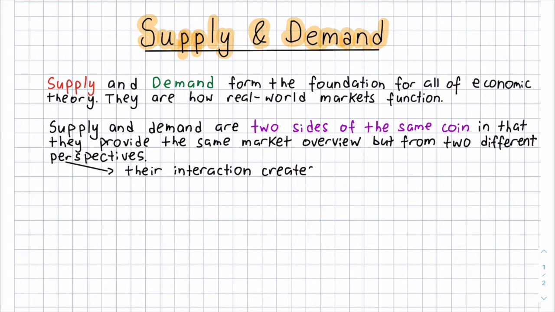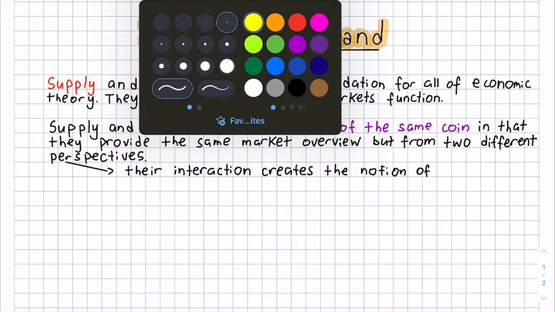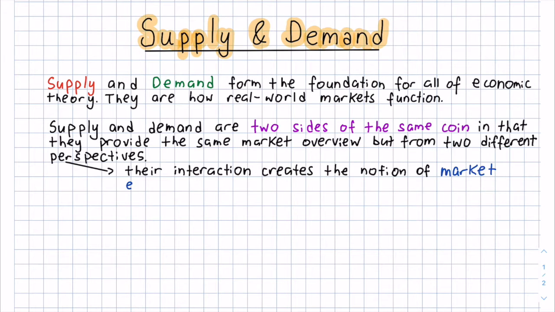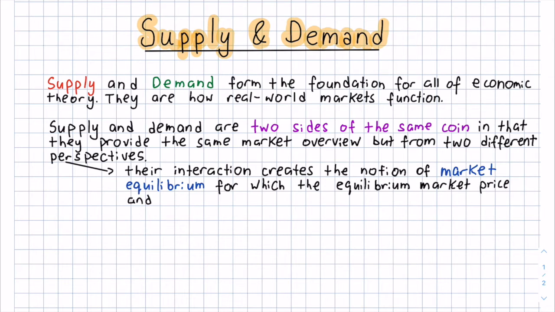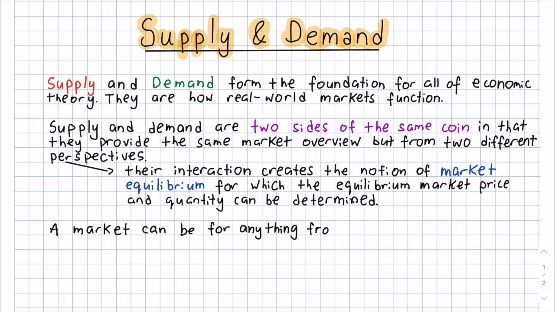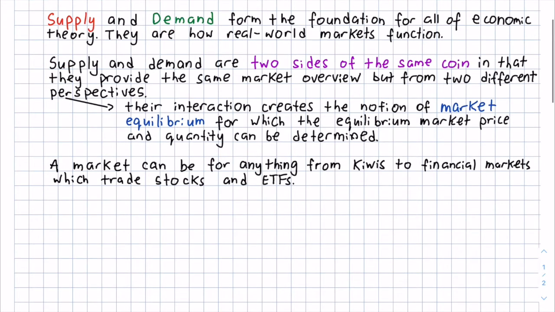Their interaction creates the notion of a market equilibrium, and you may have heard this in some of your courses. The equilibrium market price and quantity are determined where supply and demand interact in the marketplace. A market can be anything from a market for kiwis to financial markets, which trade stocks and ETFs, which are exchange-traded funds.